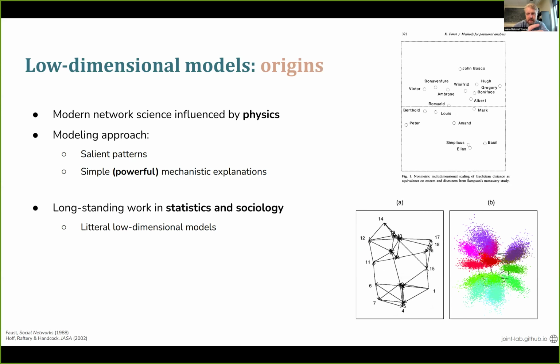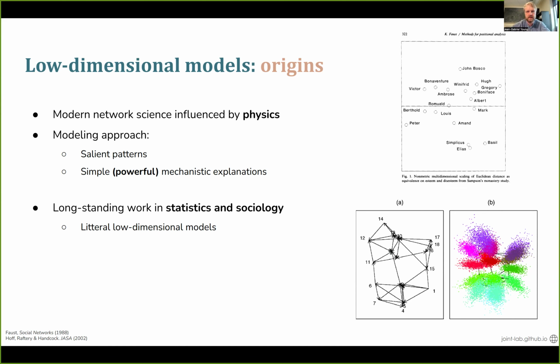But there was an even older history of these low-dimensional explanations for networks in statistics and sociology. There is a beautiful literature in the 70s, 80s, and so on, of literally ultra-low dimensional models where the nodes of a network would have locations in a space, and the connections would be based on these nodes being similar.